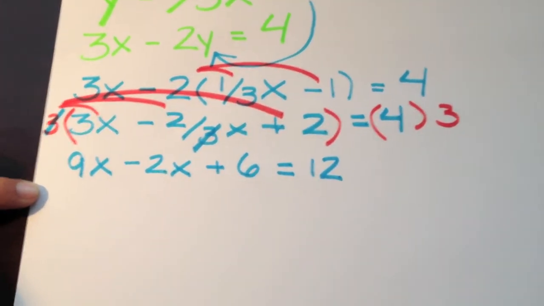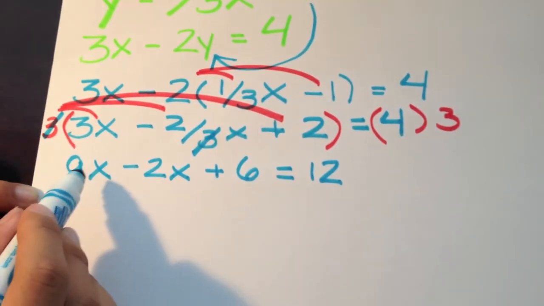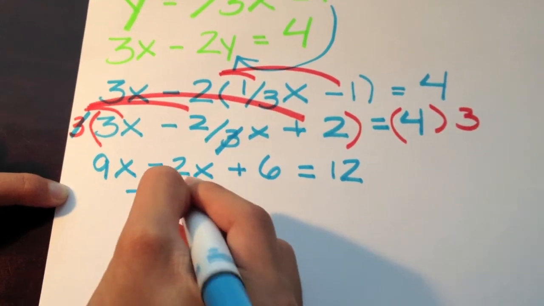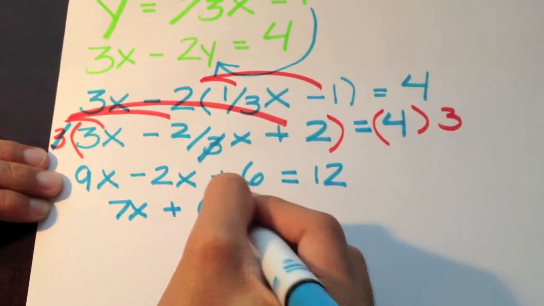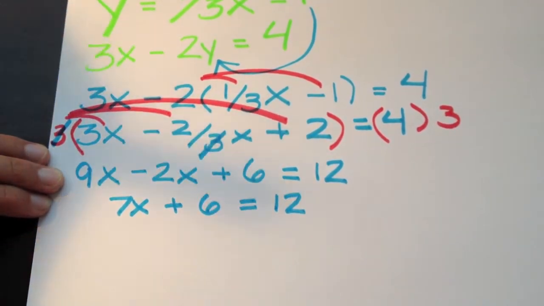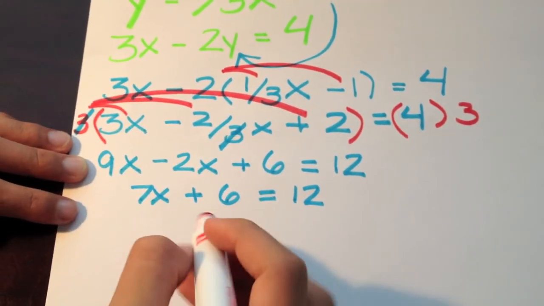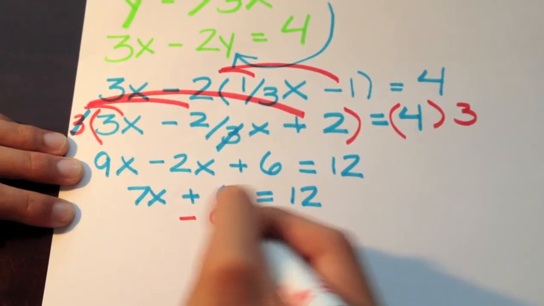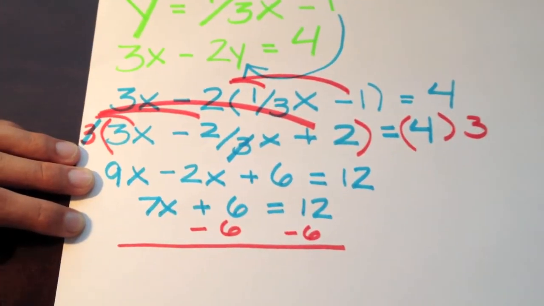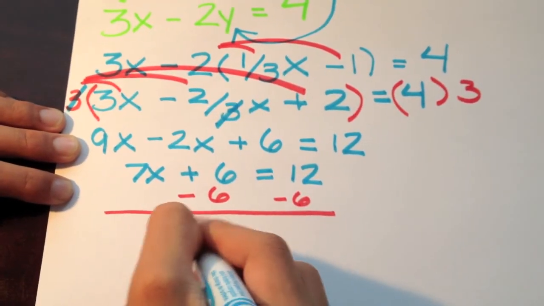So we're going to combine like terms. So 9x minus 2x is 7x plus 6 equals 12. We're going to subtract 6 from both sides, and this is going to give us 7x equals 6.